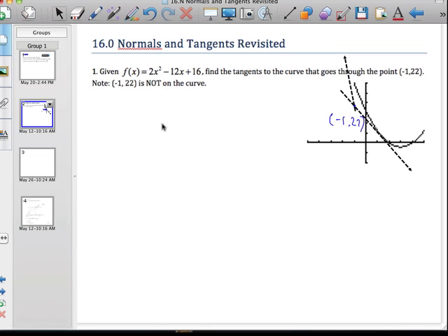Well, anytime I want to find an equation of a line, I need 2 points, and I need a slope. I have 1 point, but I don't have a slope, and I don't have another point.